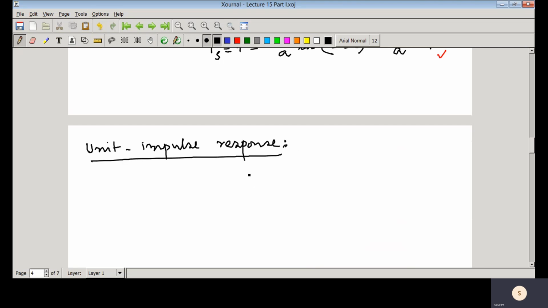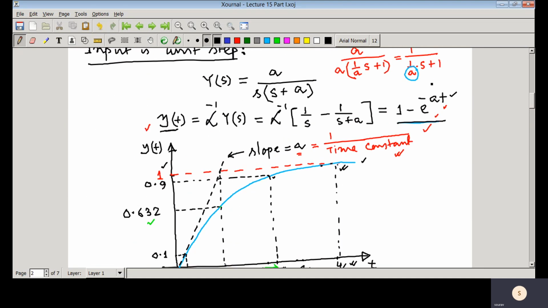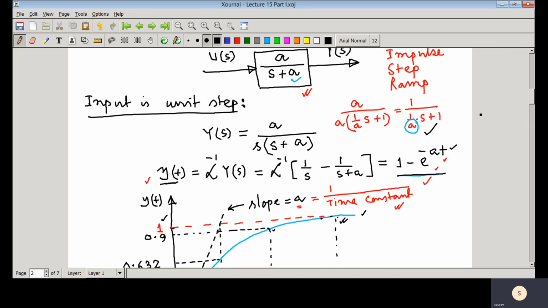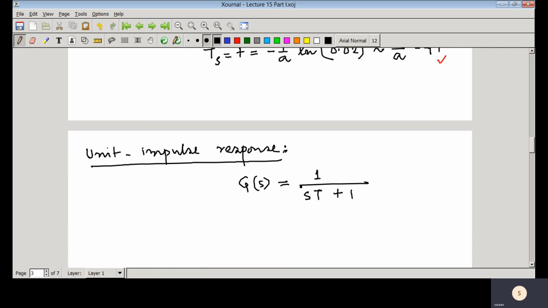So let us take that G(s). So now we are taking that transfer function in that form, sT plus 1. Just now we have seen that we can write it in this form, where 1 by a is the T. So we have written it in this particular form, G(s) equal to 1 by (sT plus 1).